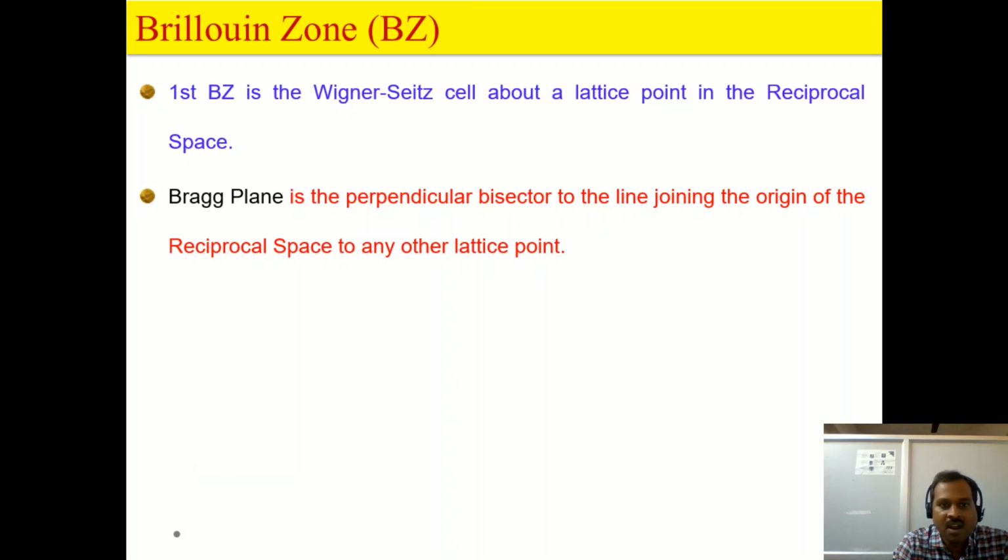So why is it called the Bragg plane? Because it satisfies the Bragg condition of diffraction, or the Laue condition of diffraction, which is 2 k dot G plus G dot G is equal to 0. If you recall, this was one of the conditions of diffraction which we studied in the crystal structure module.